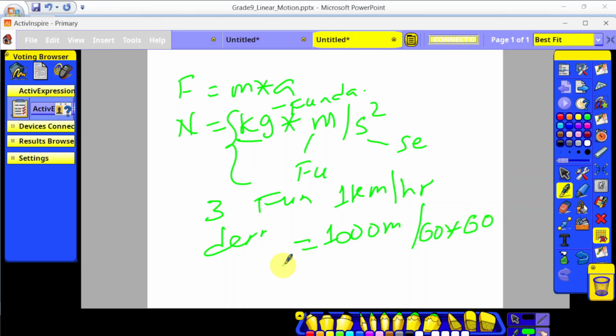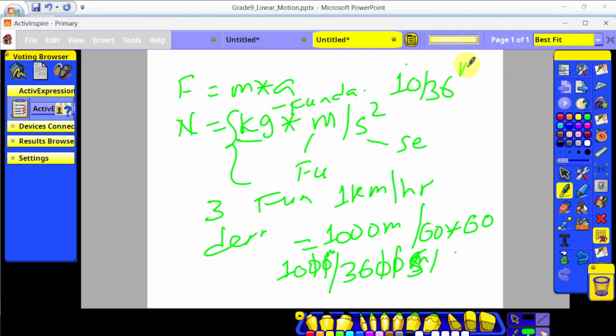This is 1,000 divided by 3,600 meter per second. You cancel the zeros, and it is 10 over 36 meter per second. So 1 kilometer per hour is equal to 10 over 36 meter per second, that is 0.278 meter per second.